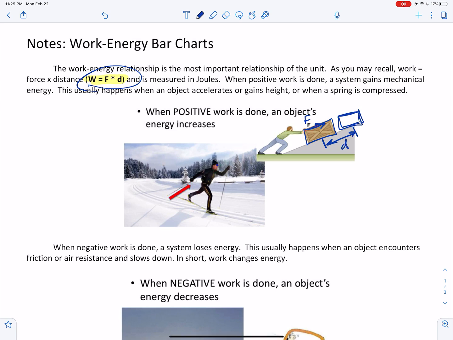And the force that counts is always the part of it that's parallel to the distance being traveled. So you always want the force to be parallel to the distance.